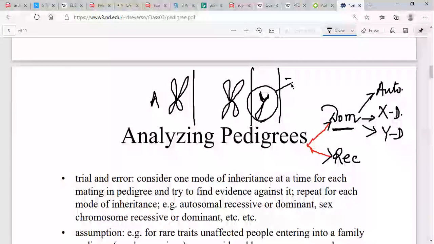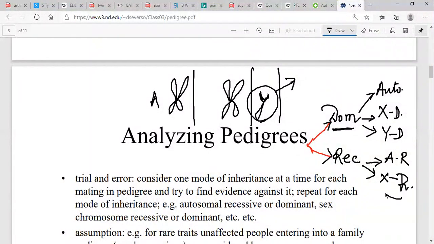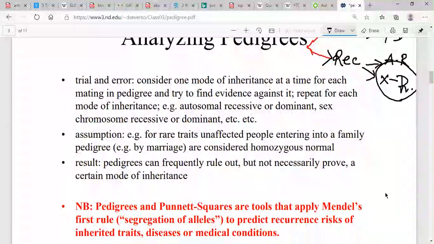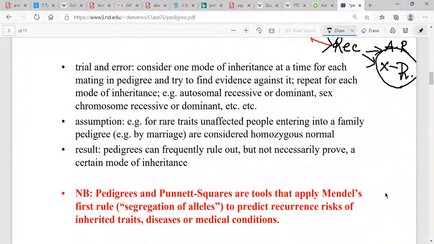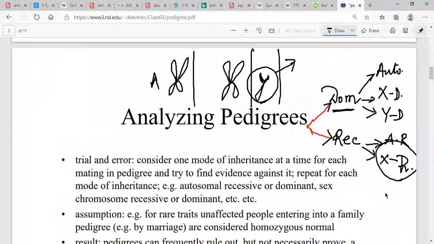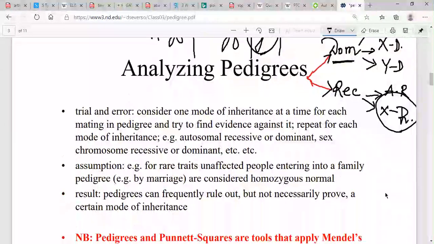So there is no chance of having Y-linked recessive. You have an autosomal recessive disorder or an X-linked recessive disorder, but never a Y-linked recessive disorder. But the problem is that this calculation is totally based on the information collected from a particular family. So these are the 5 main important types of pedigree that we need to analyze.